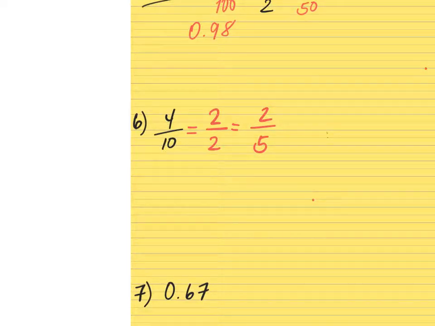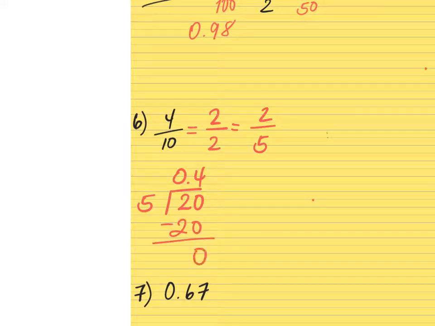The second thing is to write it as a decimal, doing the division. 0 point, because 2 is too small for 5. 4, so that'll give you 20. So the decimal is 0.4. So 2/5 is equal to 0.4.